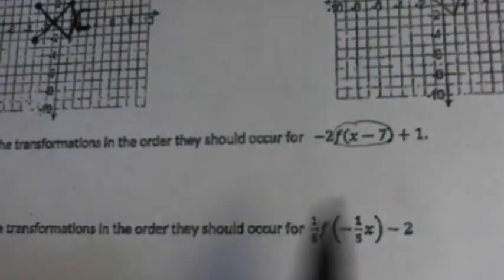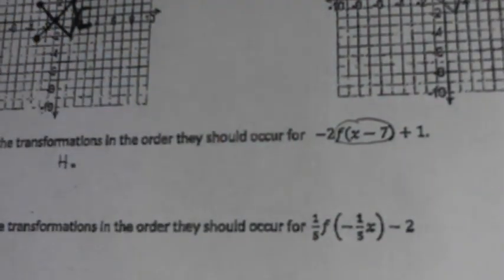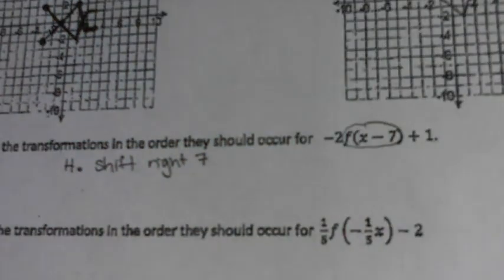The first transformation is a horizontal what? What does that say? Yep, horizontal shift right 7. And again, in that particular case, you don't necessarily need horizontal because the word right covers that. But it's just a habit I get into is starting everything with horizontal or vertical.